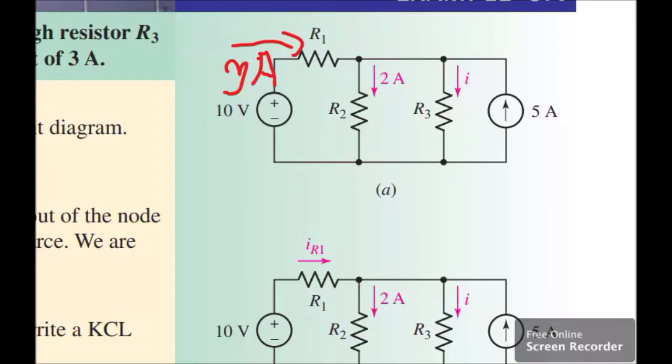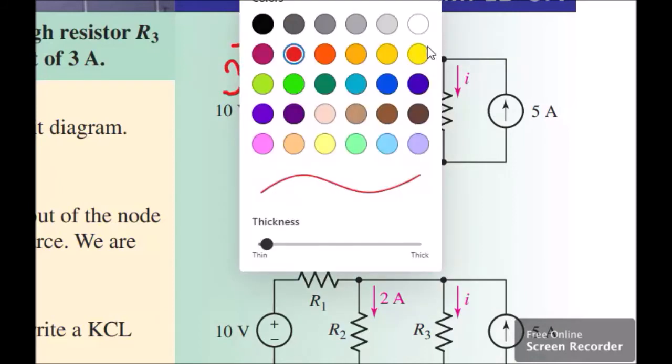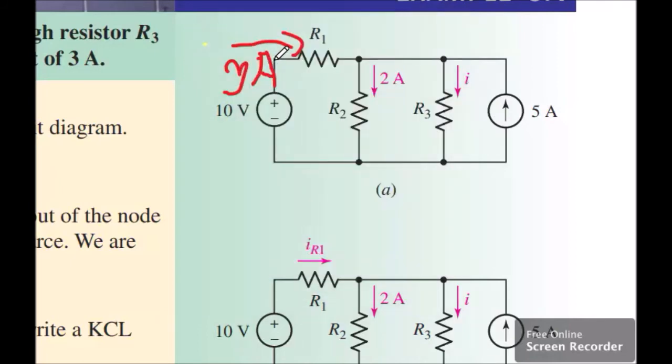What? Bakit 3? Bakit 3? Kasi meron tayong node right here. This is our first node. Agree? O, meron siyang 2 elements connected sa kanya. This is our second node, all the way right here. Ito, isang node lang to.